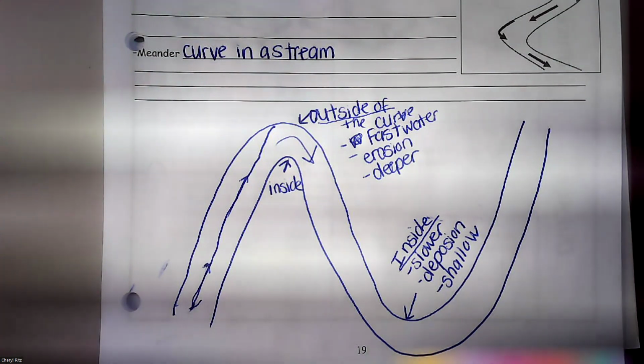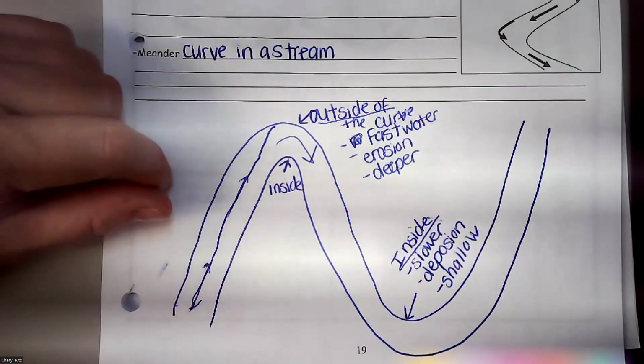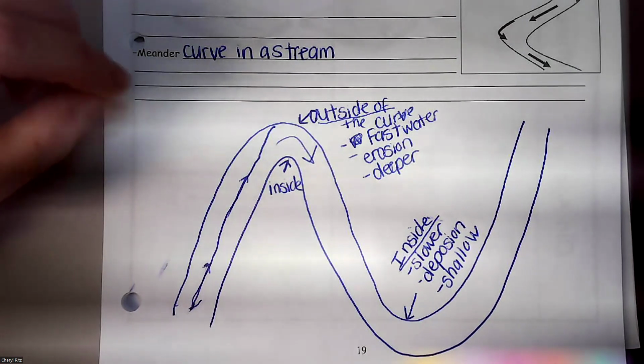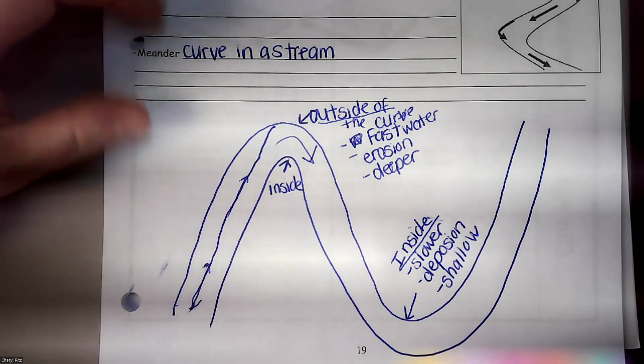Now, this is something that I actually think you should pay attention to if you ever are going to buy a house or a property that has a stream near it. So let's say you're going to build a house. Lots of people like to build houses overlooking water. Gives them some sense of nature. Where do you want to build a house then?